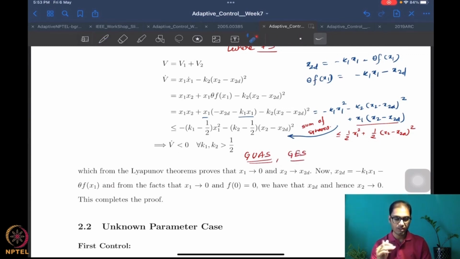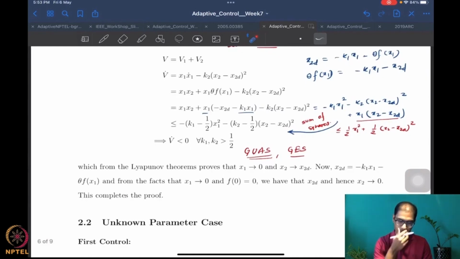You can even conclude global exponential stability because you can see that it is the same order and all that. But since we're dealing with nonlinear systems, mostly we don't really mention this because more often than not, this is not possible to achieve. So anyway, now what do we know? We started off looking for x1 to go to 0 and x2 to also go to 0.